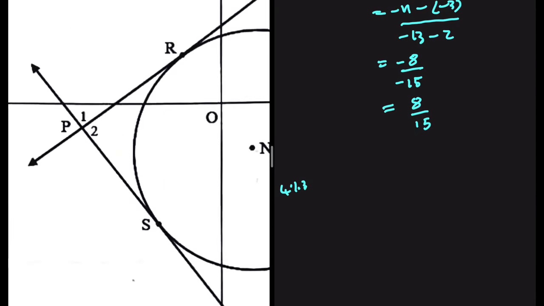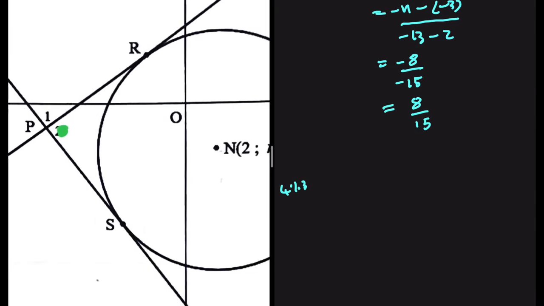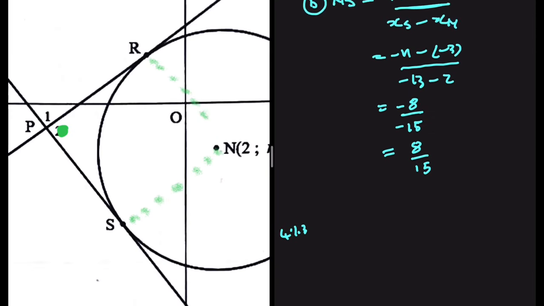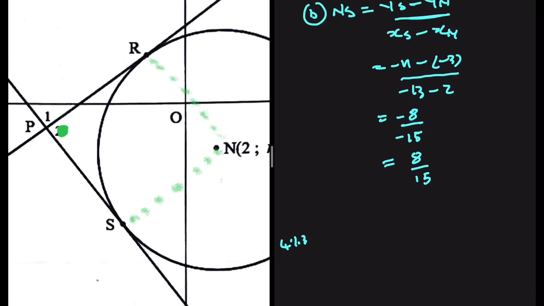So P2 is this angle here. Let's just highlight it so that it is clear to see. We have the gradients of NS and that of NR. PS and PR are tangents, and the tangents are perpendicular to the radius. So if we have the gradients of NR and NS, we have the gradients of PS and PR.